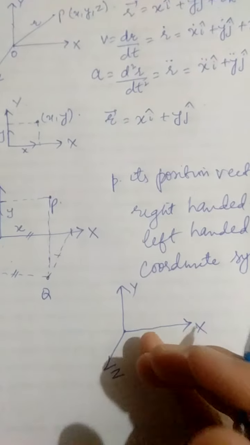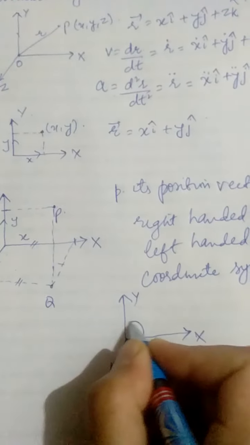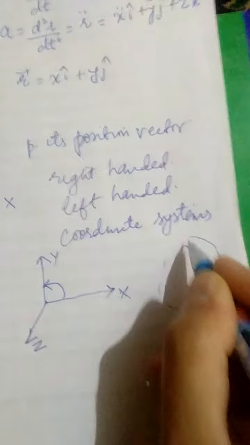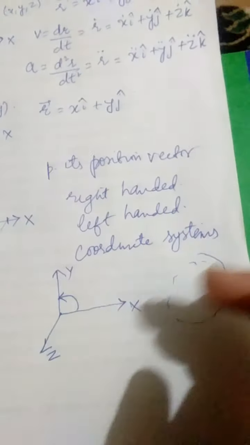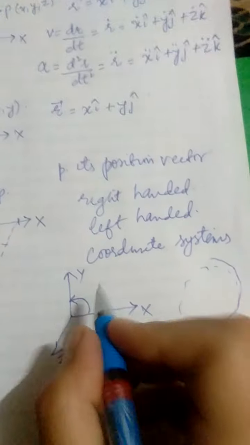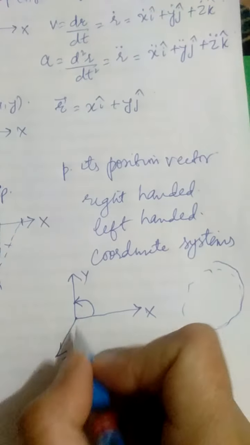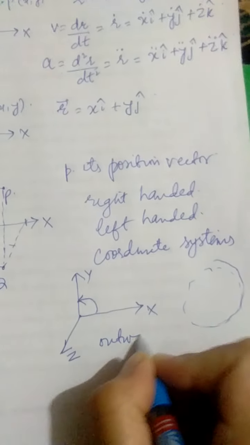You move anti-clockwise from x to y. What will be the resultant? So you are moving anti-clockwise. Remember, a clock moves like this. But when you move in this way, it is counterclockwise or anti-clockwise. So when you move anti-clockwise from x to y, the resultant will be along z, but in the outward direction.